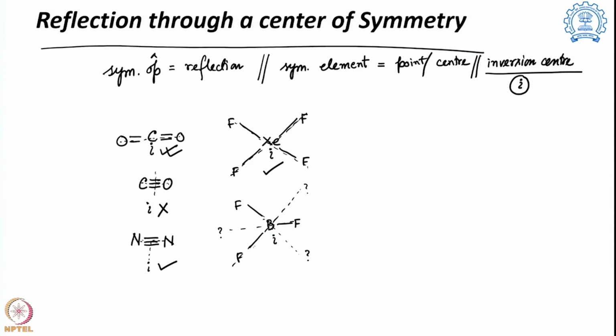So if I reflect this fluorine through the center of the molecule, boron, I am not seeing a fluorine on the other side. So it is not going to give me a superimposable and indistinguishable form if I do a reflection through the center. So I will say there is no center of symmetry present in this particular molecule. Now, let us get to the next one.